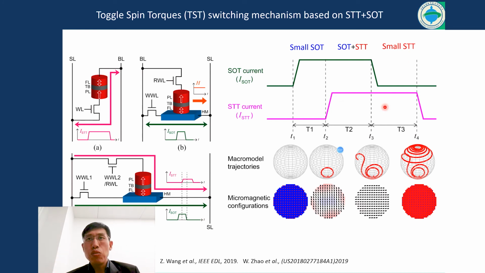Then we eliminate the SOT, and the switching will go to another direction. So this could be very power efficient, to benefit from the maximum switching efficiency of the two switching mechanisms.